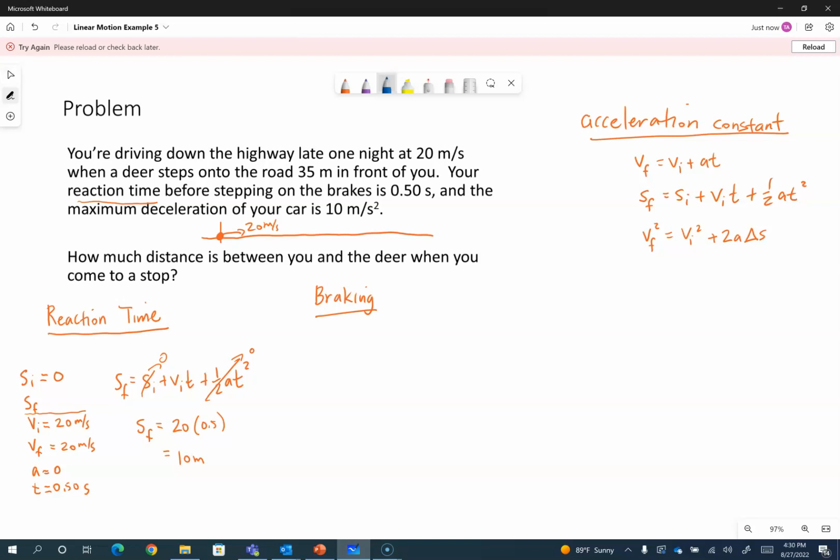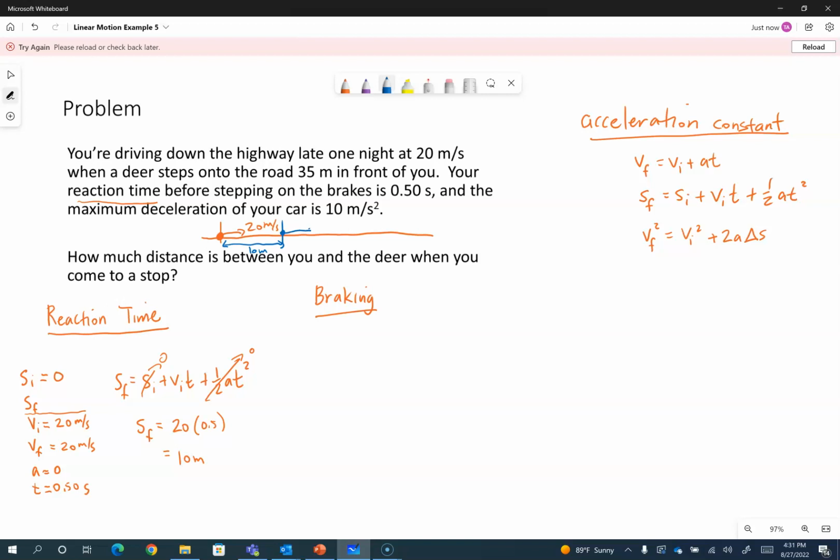So now we're talking about having our foot on the brake. We're assuming the brakes are locking and we're decelerating, or slowing down, at that rate of 10 meters per second squared for the rest of our traveling until we stop. So ultimately, we've traveled 10 meters.